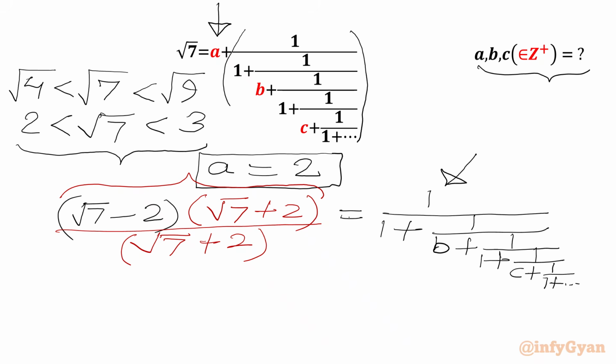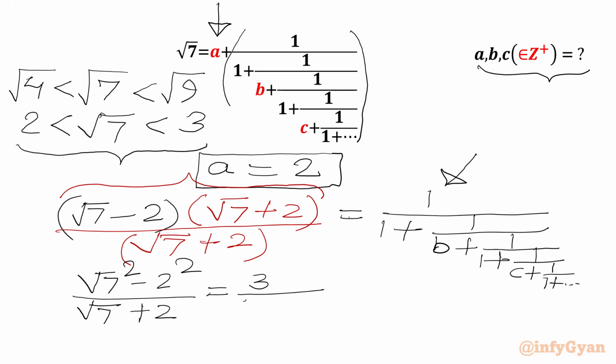We know that this is a square minus b square. We'll write here square root 7 whole square minus 2 whole square in the numerator, and in the denominator we'll write square root 7 plus 2. Now in numerator there will be square root 7 whole square is 7, 2 square is 4, 7 minus 4 is 3. In denominator we'll write root 7 plus 2.